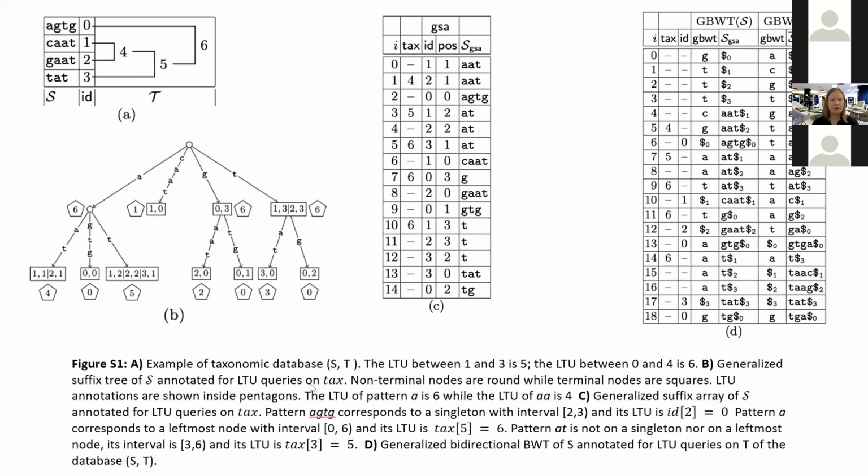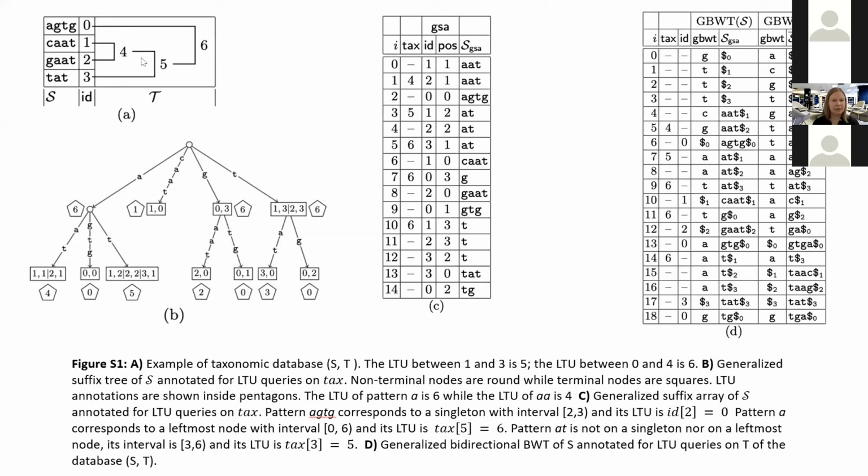And here a little more detail. You can also find all the details in the paper within the methods and the supplement. So conceptually here we have these taxonomic IDs of our sequences in our database. And for each one, we have the lowest common ancestor, or here we call it the lowest taxonomic unit, where the string is found.